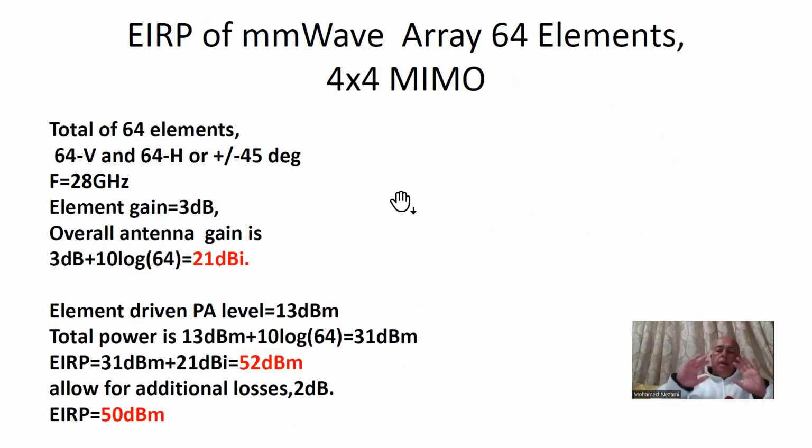So let's get back and calculate the EIRP for this system. We have 4x4 MIMO. Well, it's 2x2, but there's another 2x2 that is cross-poled, so total 4x4. The number of elements is 64. The frequency is 28 gigahertz. We're assuming that we have a unit cell antenna with 3 dBi gain.